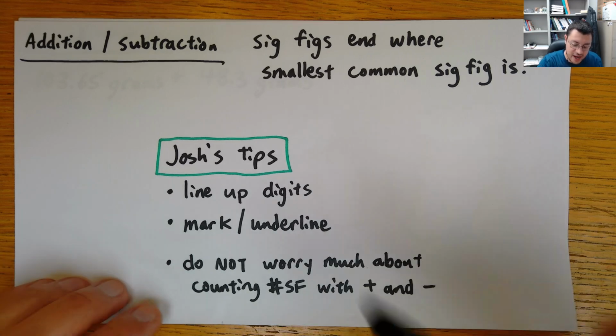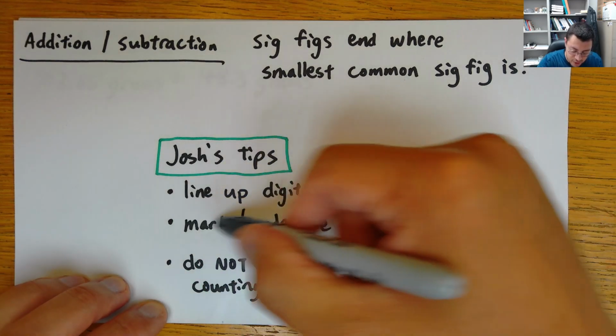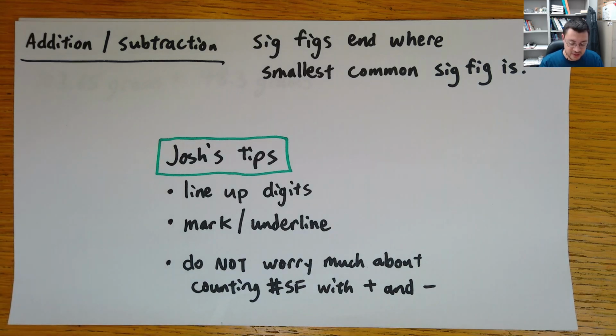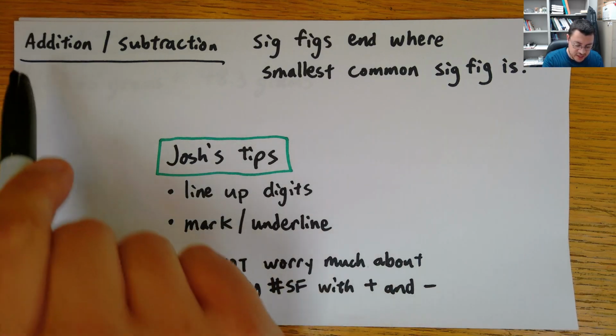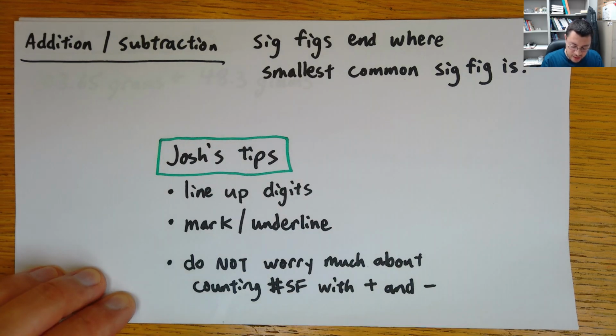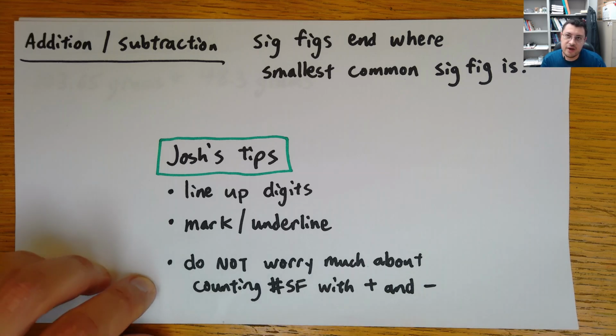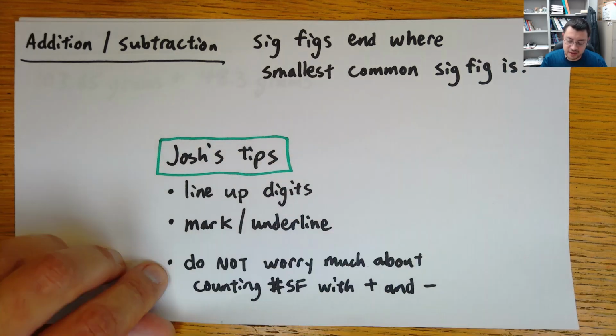So you'll see me lining up digits, you'll see me using marks and underlines so that I know where to stop my sig figs. When it comes to addition and subtraction, I don't really worry about counting a number of sig figs. I don't find that very useful. That is a skill we'll use later for multiplication and division, but I don't count sig figs when it comes to adding or subtracting.